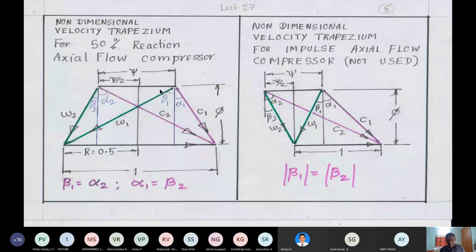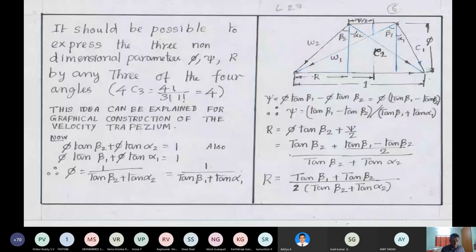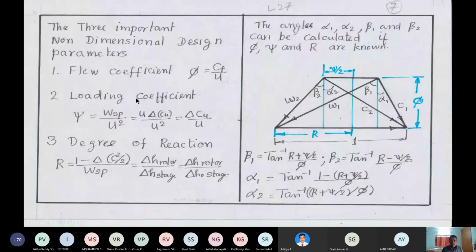Okay, now some sort of derivation. Before that, you have 3 important non-dimensional design parameters: the flow coefficient phi, the loading coefficient psi, and the degree of reaction R. If you remember, the degree of reaction is defined as 1 minus the fraction of energy transfer.